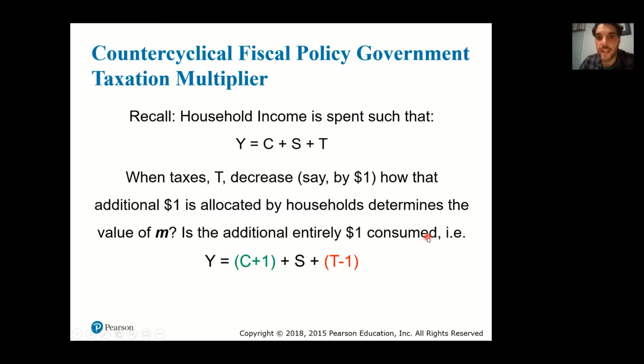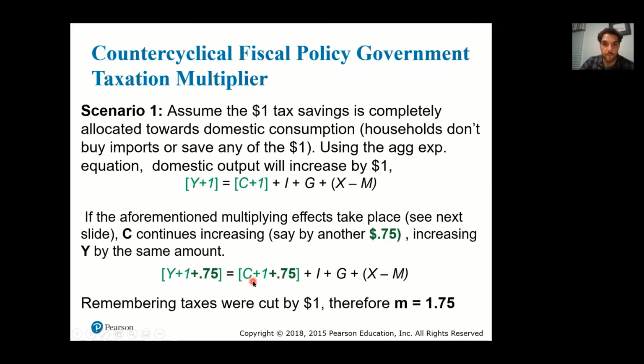So to understand the tax multiplier, we'll walk through two different scenarios. One where the additional dollar associated with the decrease in taxes is completely consumed domestically. And that's our first scenario. So we're saying households have to pay $1 less in taxes because of the tax cut. We're going to assume that it's completely spent on domestic consumption, meaning domestic output is going to increase by $1.